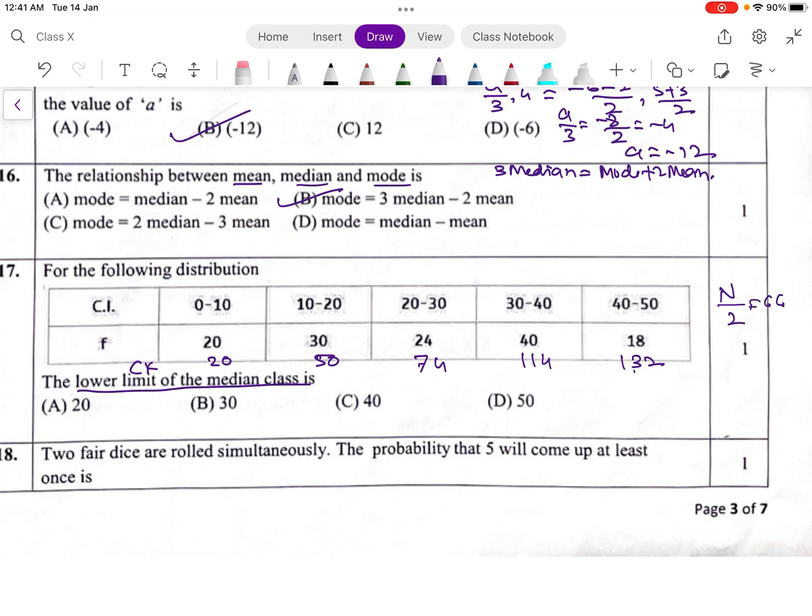Now 66 belongs to this 74, so that class will be this class. Therefore the lower limit is 20.